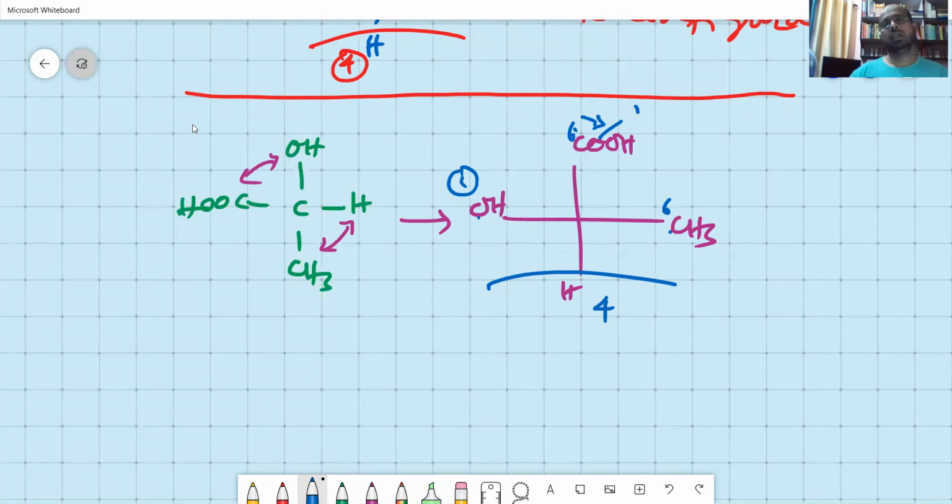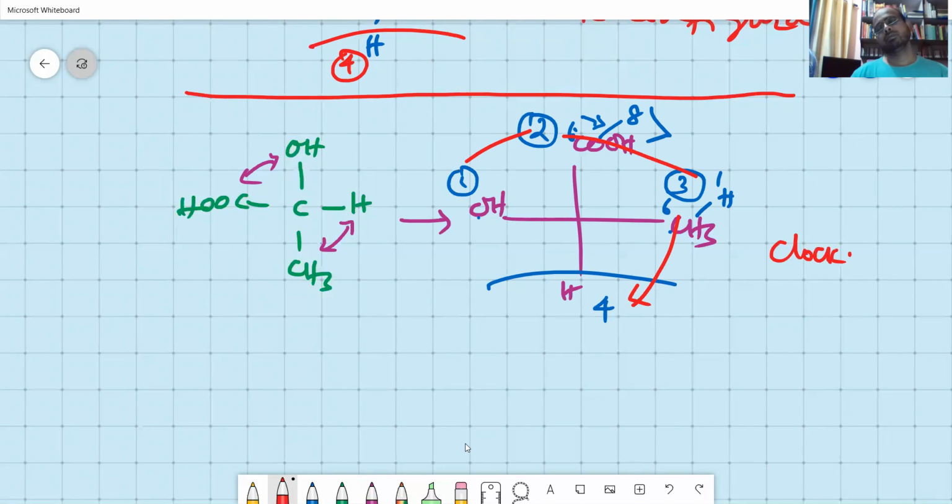Here oxygen 8, here hydrogen 1. 8 is greater than hydrogen. Therefore, this is the second priority. This is the third priority. When you go like this, 1, 2, and 3, it goes in the clockwise direction. Therefore, it is R configuration.